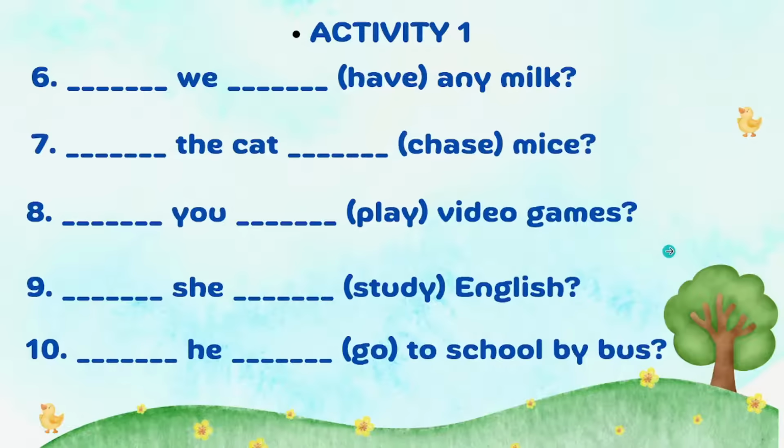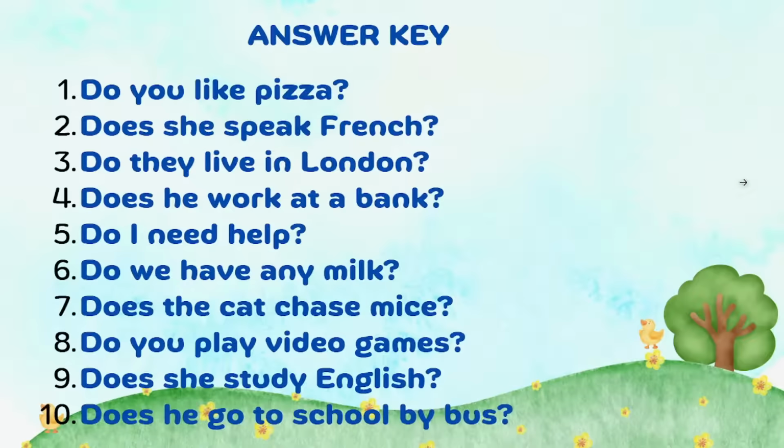That is how we are going to use the do and does to make an interrogative form or question form sentence. Next, you have here your answer key.